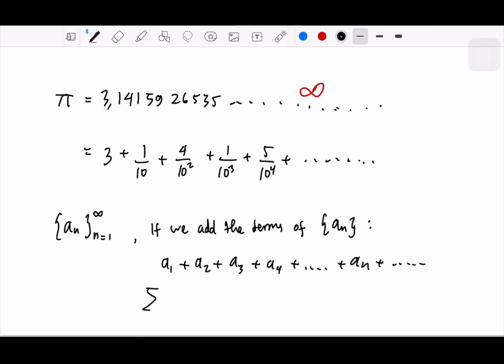We can also write this in terms of a sum, or just sigma of an, it's also the same thing.